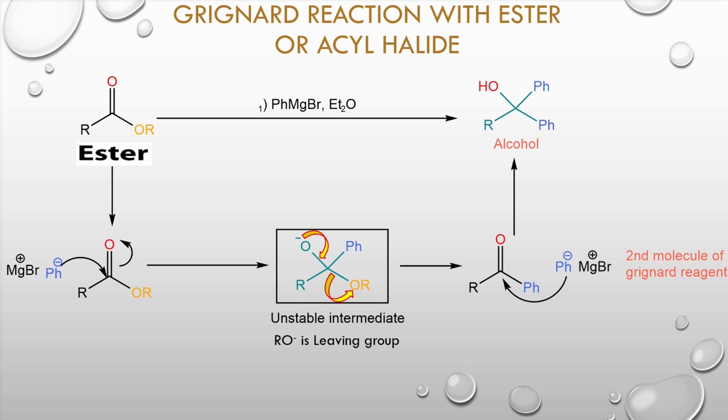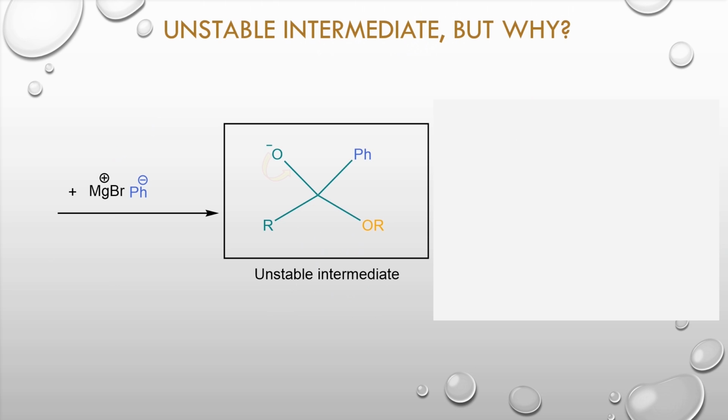To understand why this change is observed in the case of ester in comparison to aldehyde or ketone, we have to closely look into the mechanism of the reaction when the alkyl group from the Grignard reagent attacks the carbonyl carbon of the ester. The intermediate state is formed with an O- group, and we call this state the tetrahedral intermediate state.